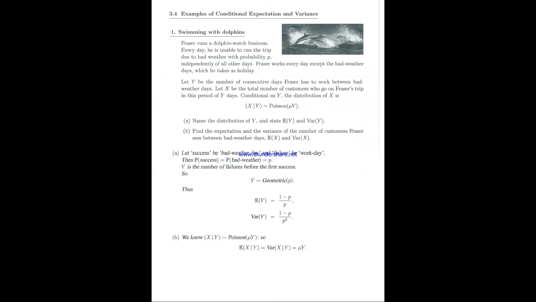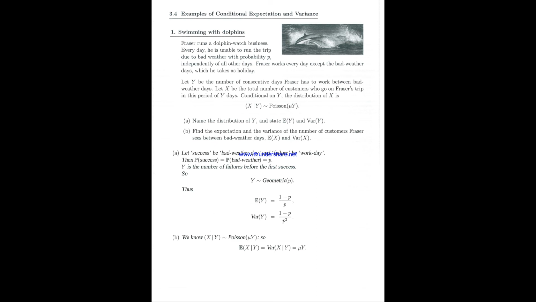What happens here is, if it's a rainy day, he cannot go for his work. So he has to stop working if it's a rainy day. Otherwise he will be working on any given day. You are given some probabilities: if you select any day at random, the probability of it being a bad weather day is equal to p.